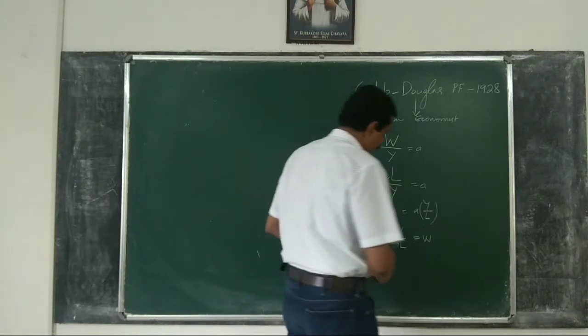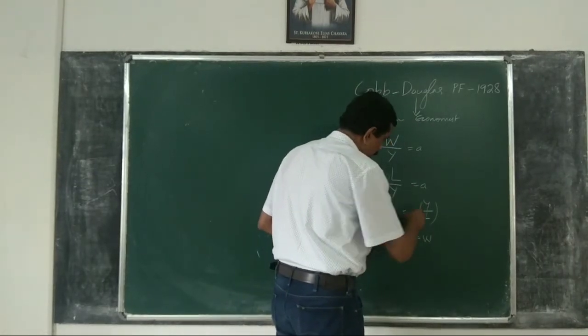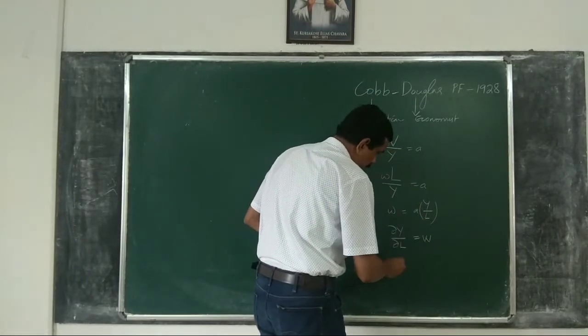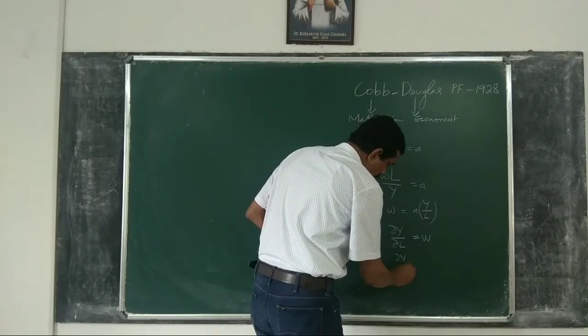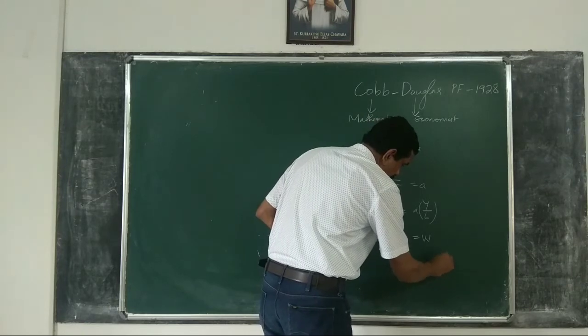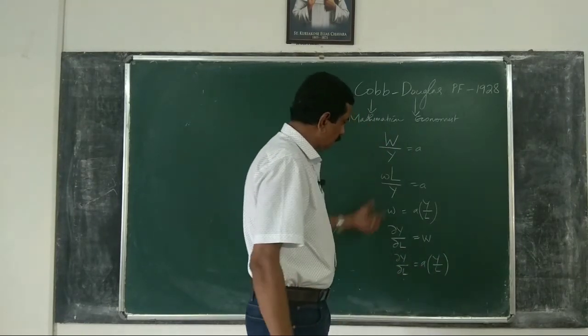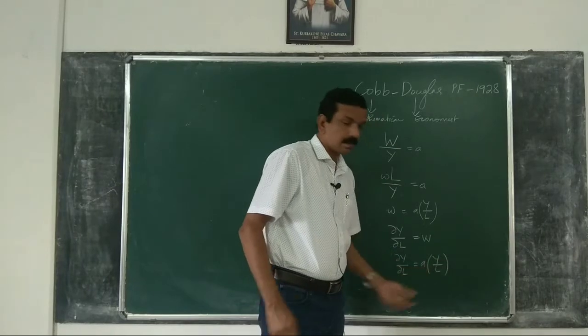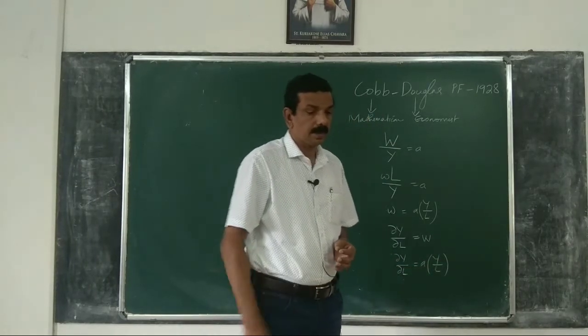And as W is equal to A into Y by L, it follows that dou Y by dou L is equal to A into Y by L.